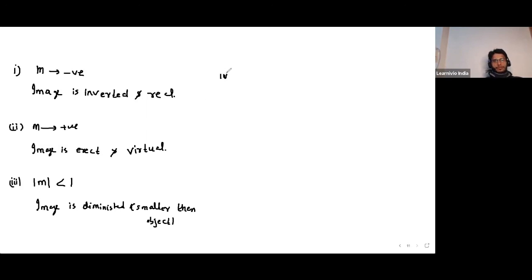Fourth one, if your magnification is greater than 1, that means your image is magnified. It's greater than the object. Just note it down. If you know magnification, that means you know everything about the image.